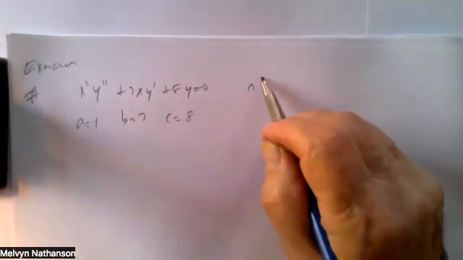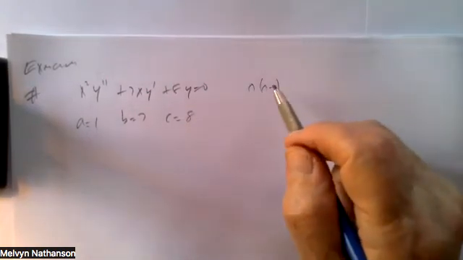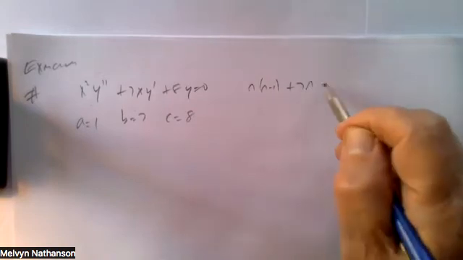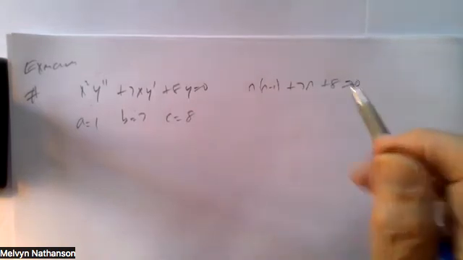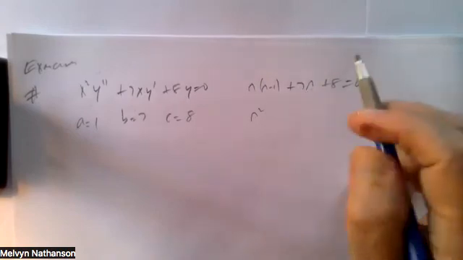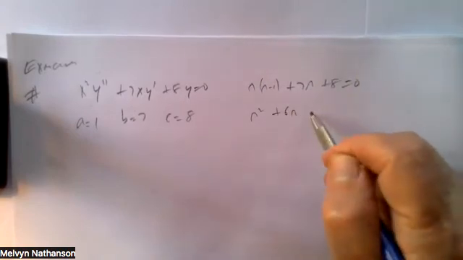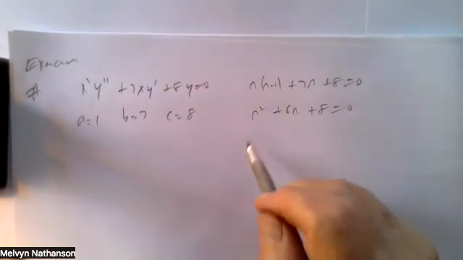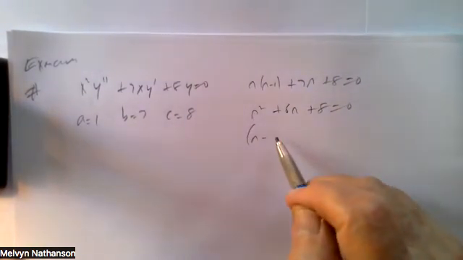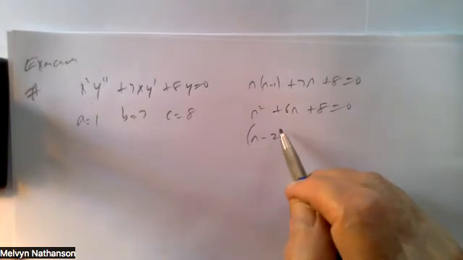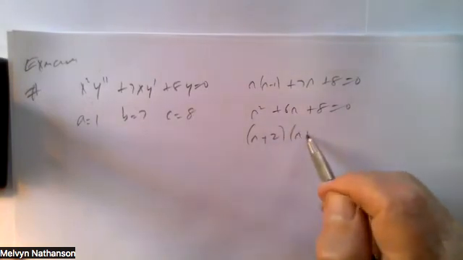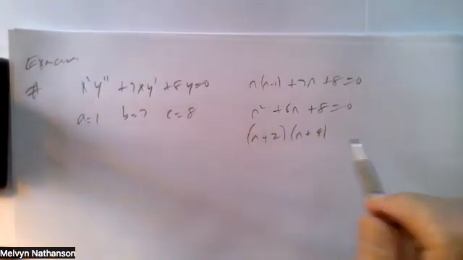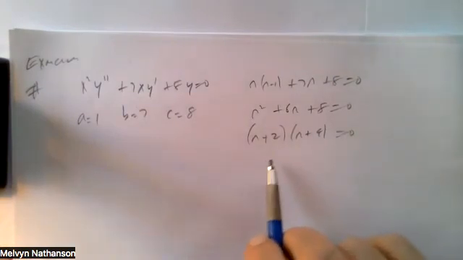So we have the equation r times (r minus 1) plus 7r plus 8 equals 0. This is r squared plus 6r plus 8 equals 0. This factors: (r plus 2)(r plus 4) equals 0.